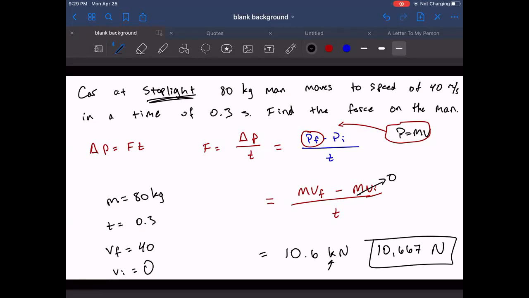So good enough? How's that? Any questions? So when you were plugging in the equation, for mvf, did you use like 80 times 40? Yes. Okay. That's what I did in the calculator. Okay, that makes sense.